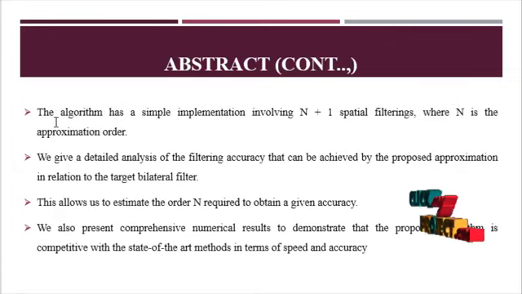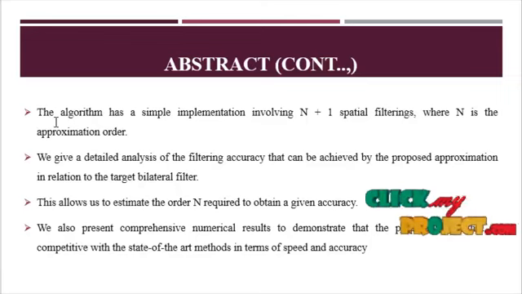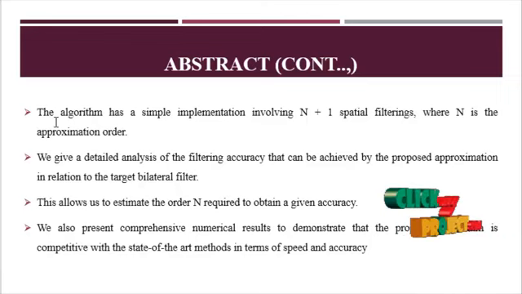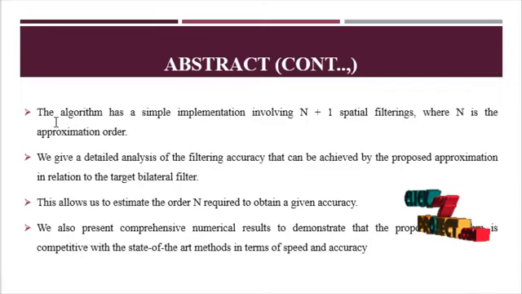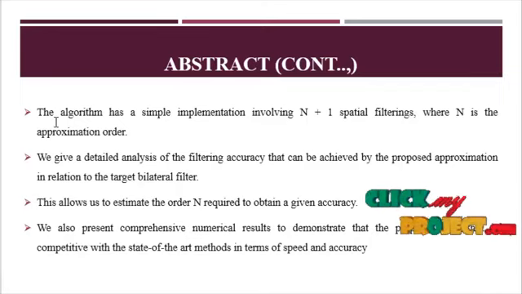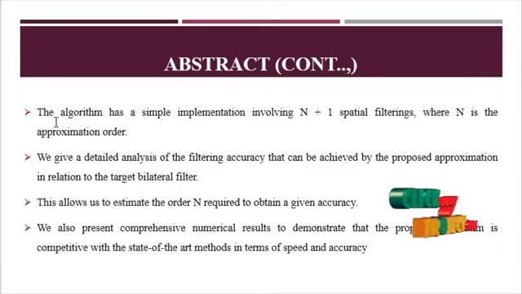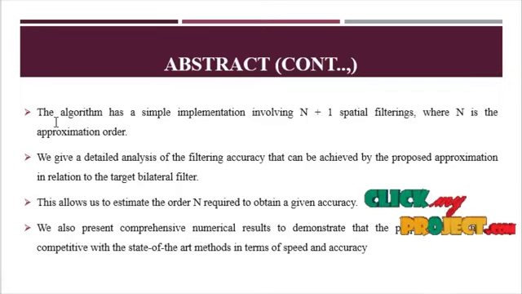The algorithm has a simple implementation involving n plus 1 spatial filterings, where n is the approximation order. We give a detailed analysis of the filtering accuracy that can be achieved by the proposed approximation in relation to the target bilateral filter.